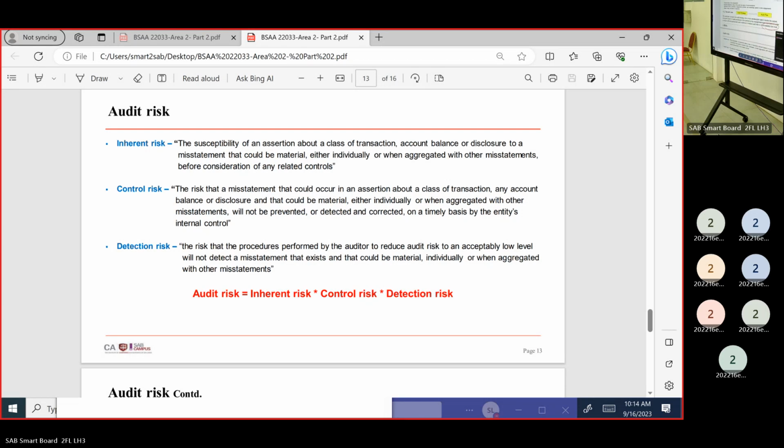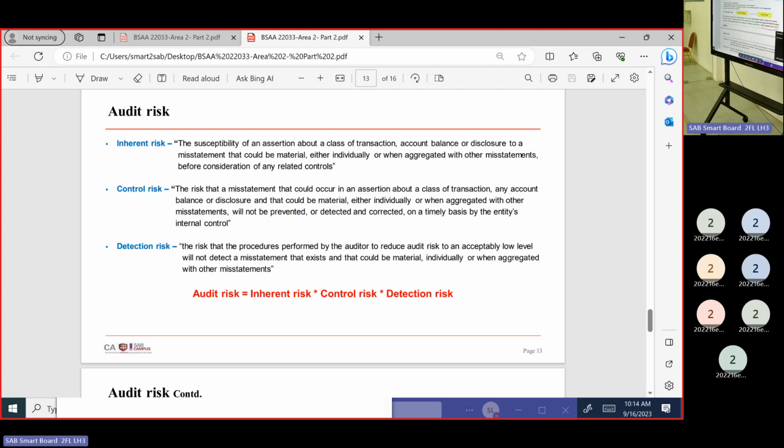Audit risk can be divided into 3: inherent risk, control risk, and detection risk.